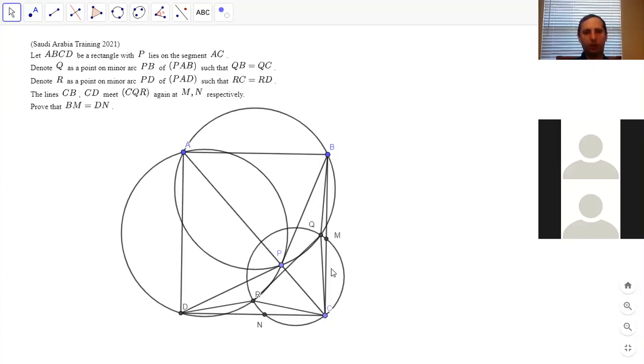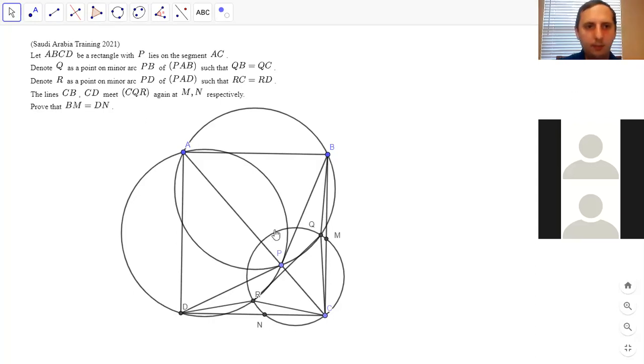Maybe we could even use the power ratio lemma, but it's kind of hard to use here.